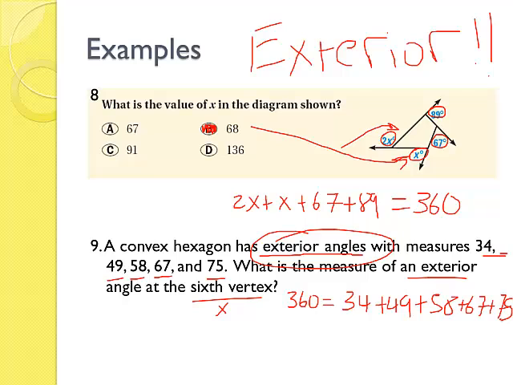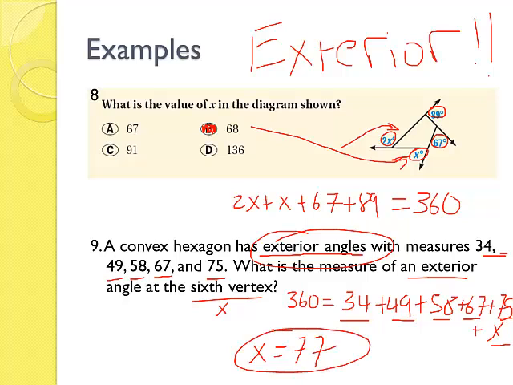Then you have to add on your x, because that means you have 1, 2, 3, 4, 5, 6 angles. You can solve for x, and if you do it correctly, you should get x is equal to 77.